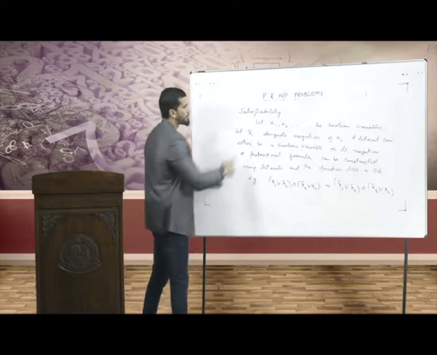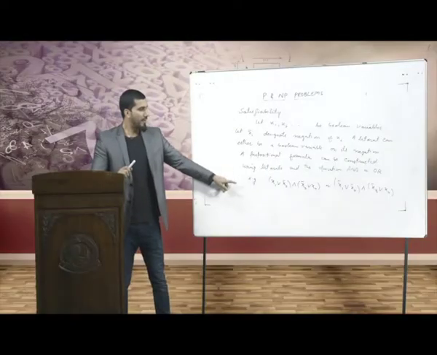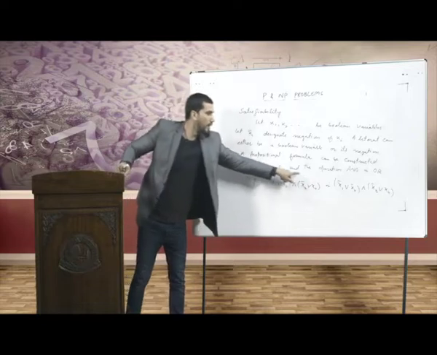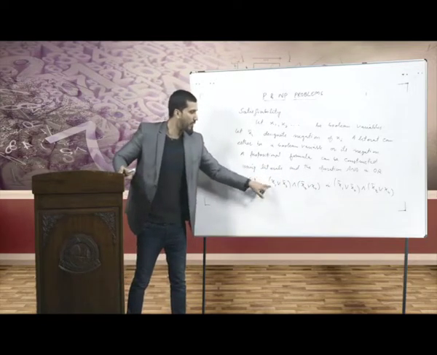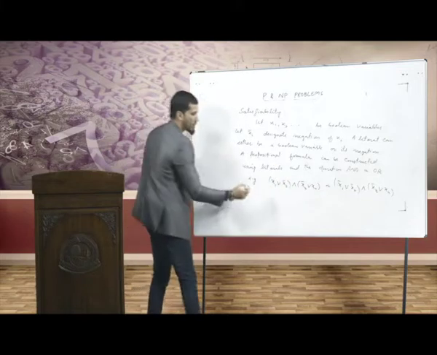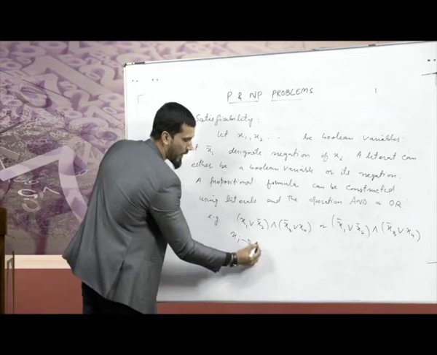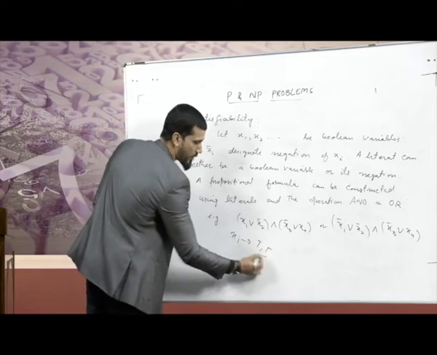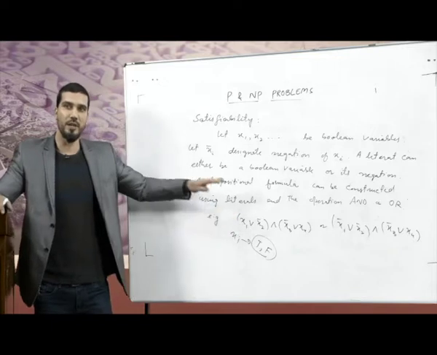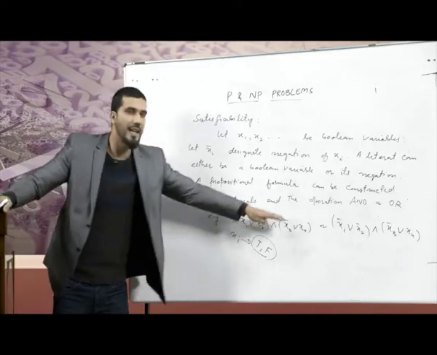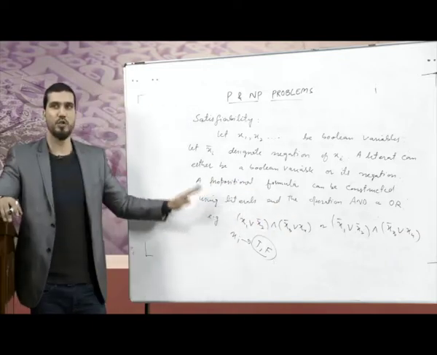Now, satisfiability asks us to check whether this formula comes up to be true for any assignment of the values of xi's. When we assign the xi's truth values, true or false, we have to check whether there is any combination of assignment that gives the outcome of the formula as true.